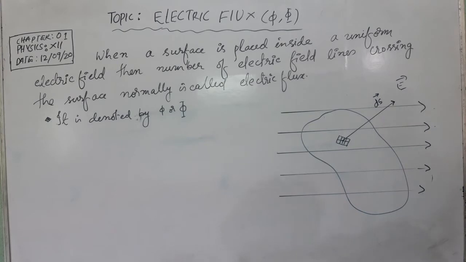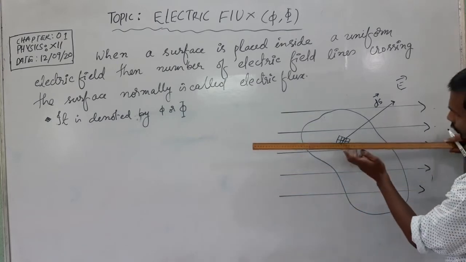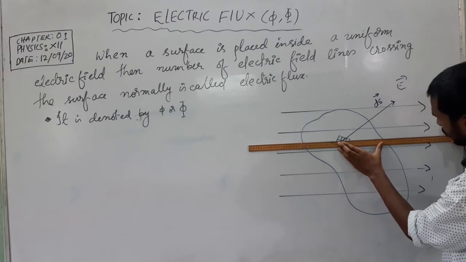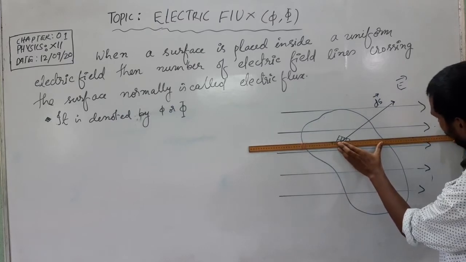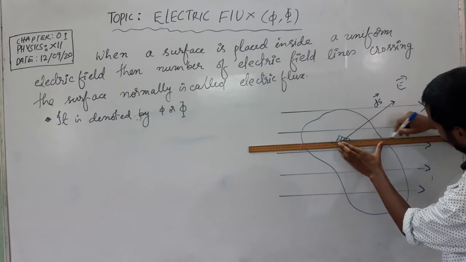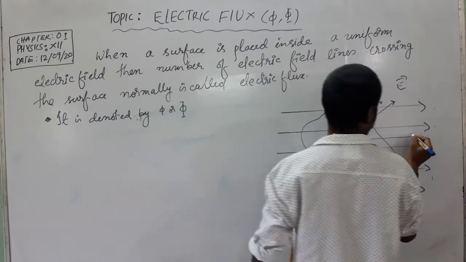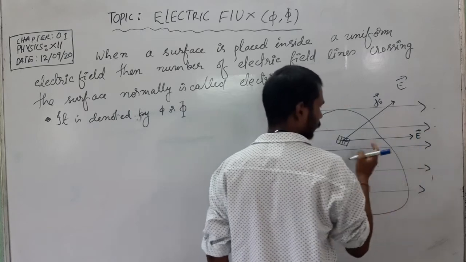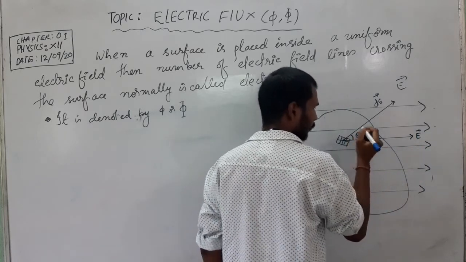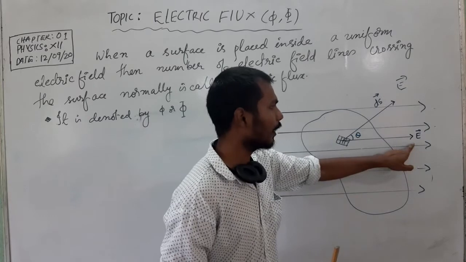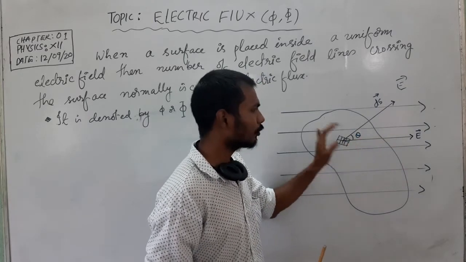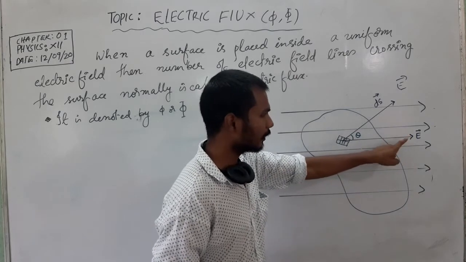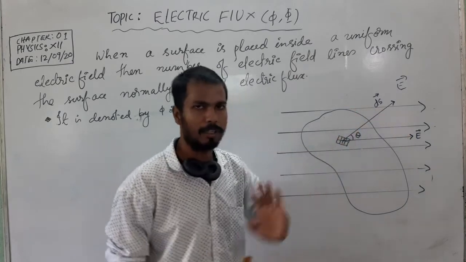Now we can also indicate an electric field line which is passing through this small area. This is the electric field line passing through this area, and this is the angle theta. But see, this electric field line is not passing normal to this area, because if it were normal, then this vector and this vector should be parallel to each other.